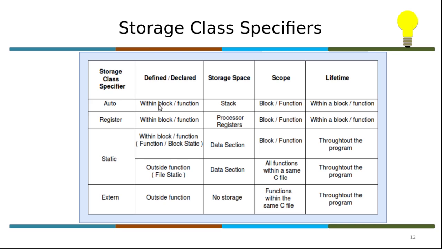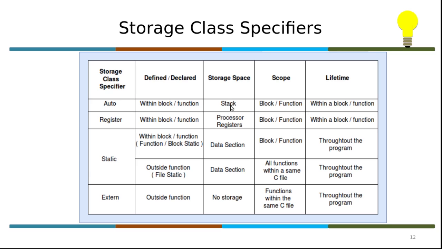This block usually will be a block within flower braces, and that also is defined as a scope. The storage space is stack. The compiler organizes, underline the word organizes, the data of the local symbols in the stack. How, we will see later.